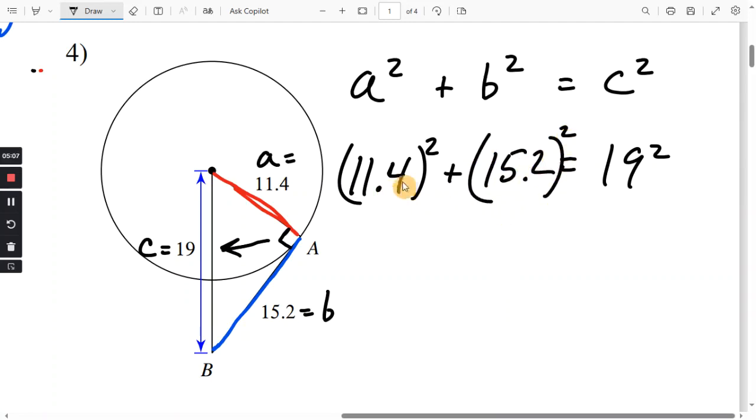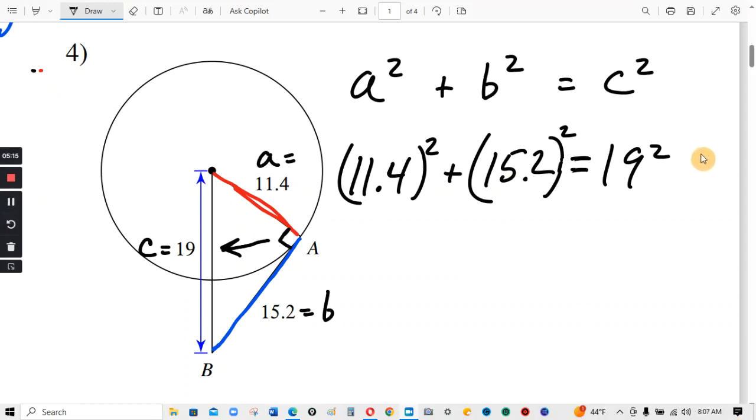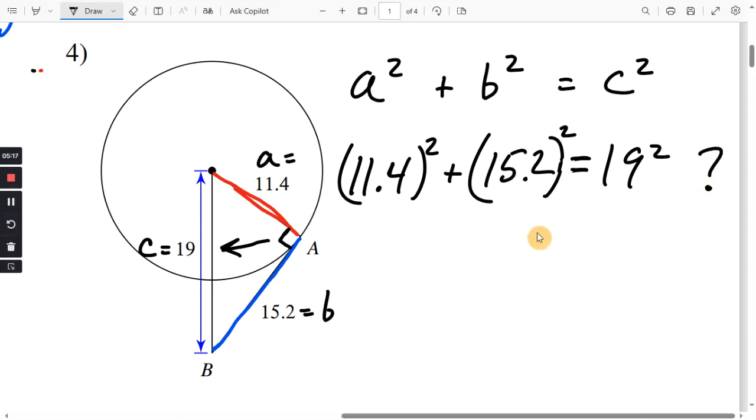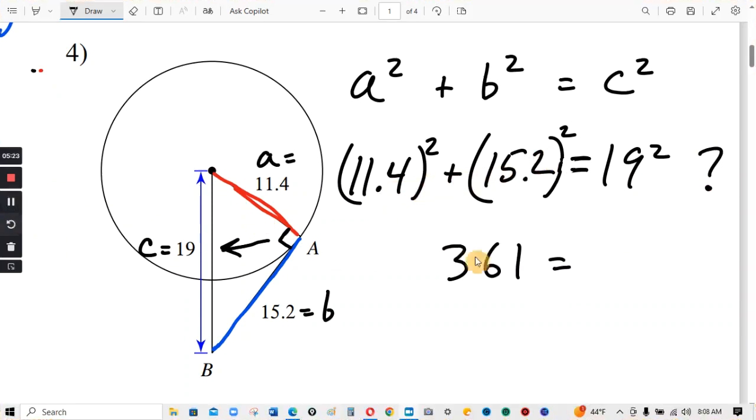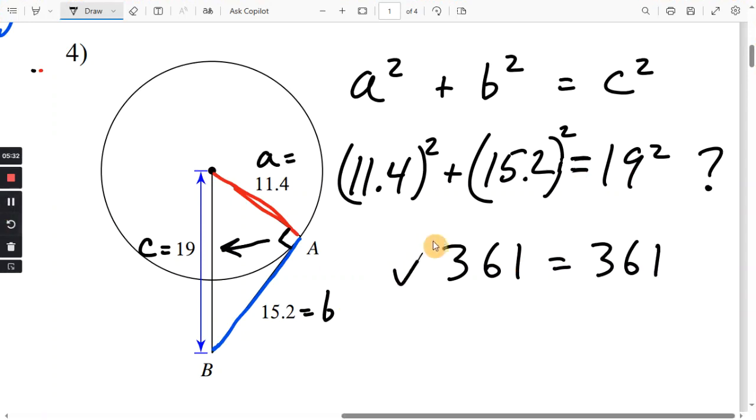You don't necessarily need parentheses, but it looks a little cleaner. We're trying to prove this true, so I'll put a question mark. Let me do 11.4 squared plus 15.2 squared, and I get 361. On the other side, 19 squared, again I get 361, so it checks out. The answer is yes.